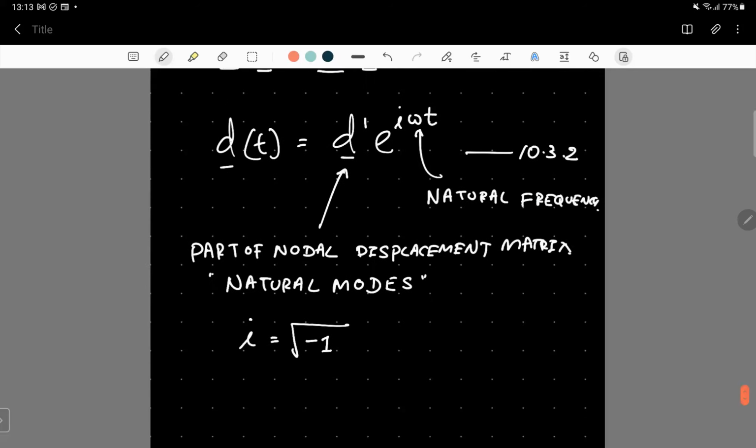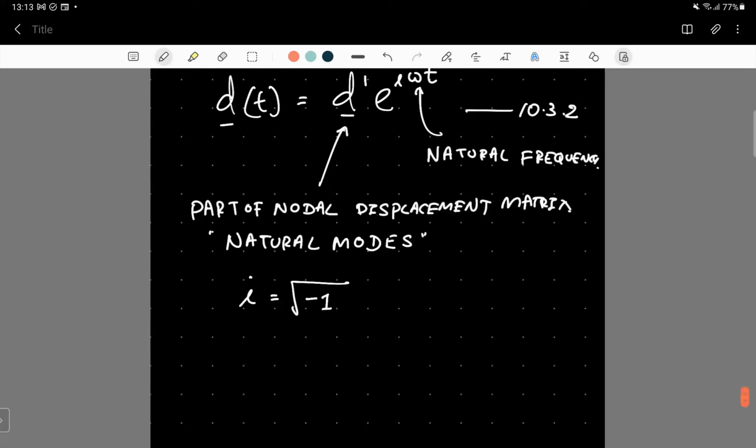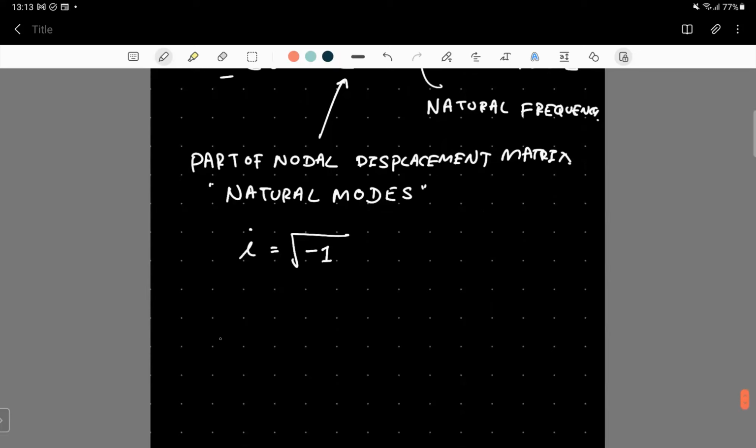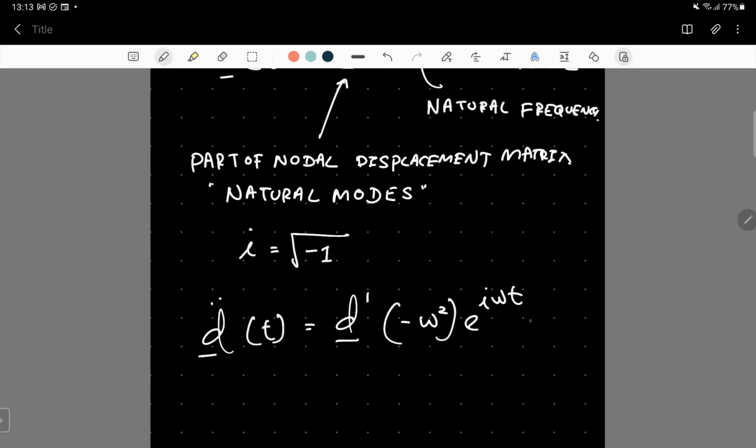So we can differentiate this equation twice with respect to time to obtain the following equation. So we obtain the acceleration d double dot equal to minus omega squared d dash e to the power i omega t.